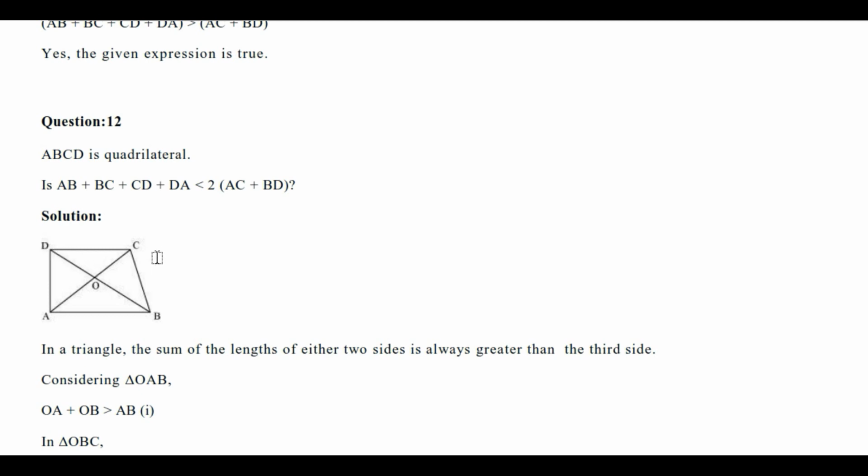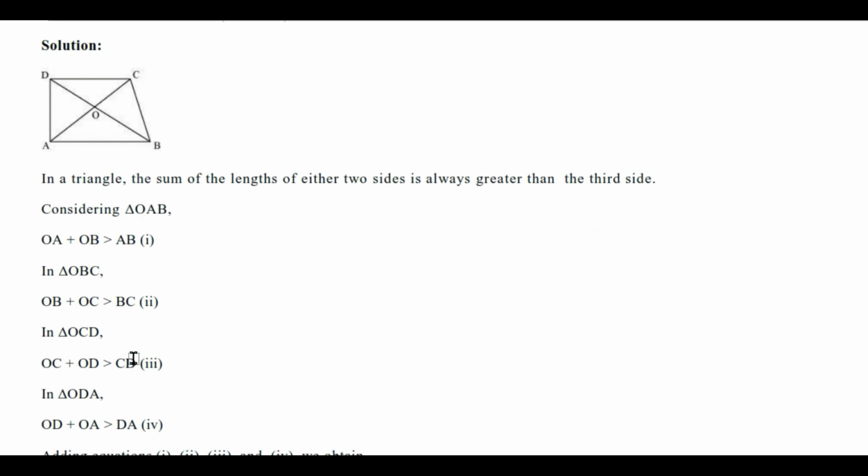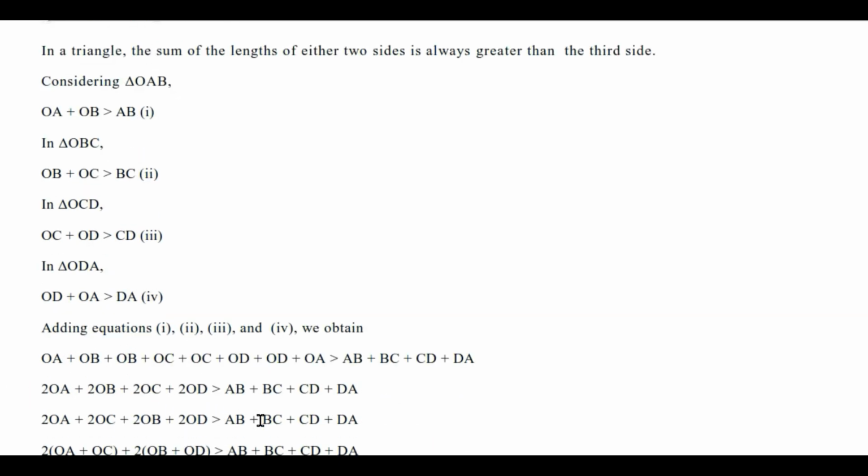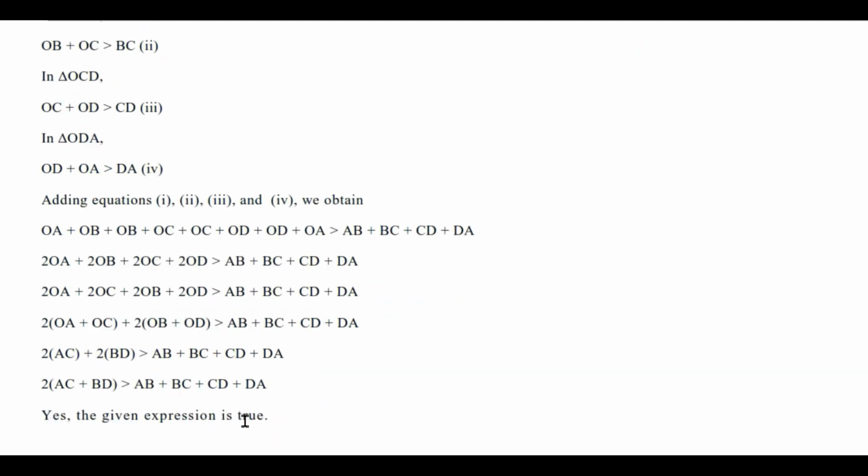OB plus OC is lesser than BC. Then OC plus OD is lesser than DC. OD plus OA is lesser than DA, and OA plus OB is lesser than AB. Okay. And then afterward we will add all these equations. After adding it, you will get the answer like this.